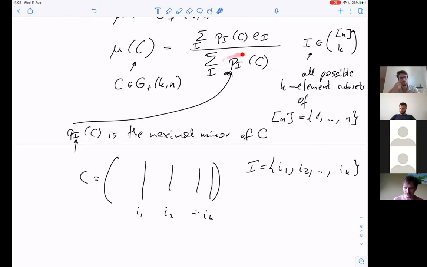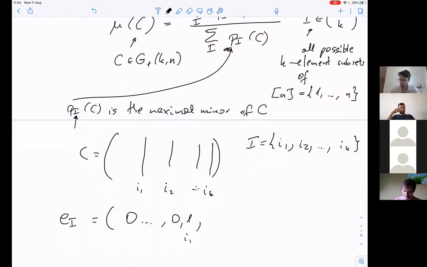And this e here are just vectors which look like this: 0, 1 at position I1, 0, and then 1 at position I2, and 0, and so on. So there are ones only at positions I1, I2 up to Ik. Okay, so that's what the definition is.